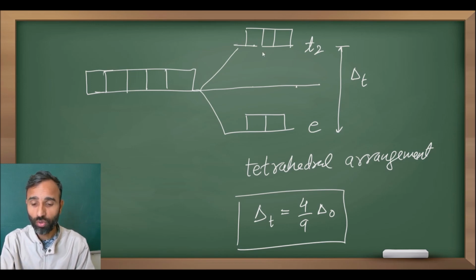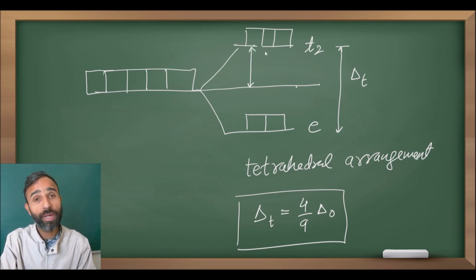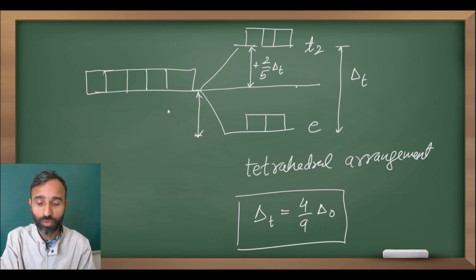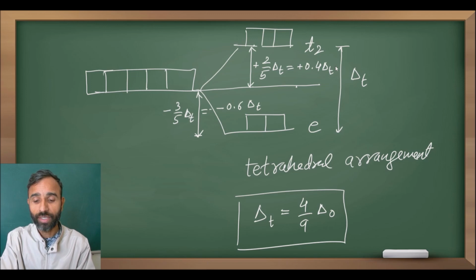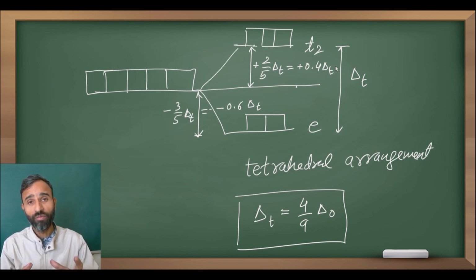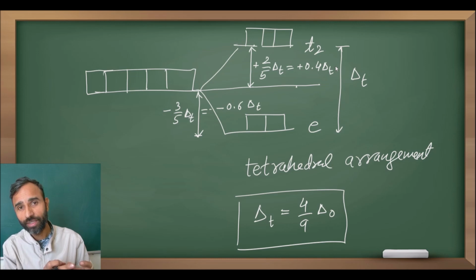Okay, so increase is divided among 3, so it is plus 2 by 5 delta T, and decrease between 2, so it is minus 3 by 5 delta T, so that is minus 0.6 delta T plus 0.4 delta T. So you can see when octahedral arrangement is there, then it is T2g, Eg, but when it becomes tetrahedral, then splitting is reversed.